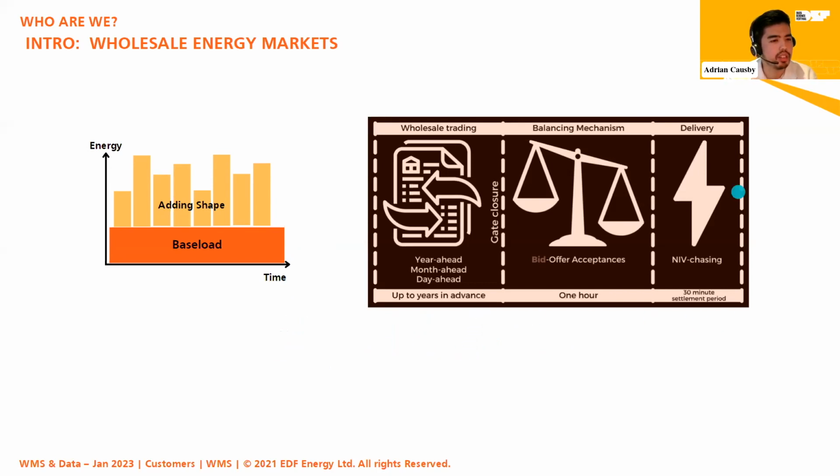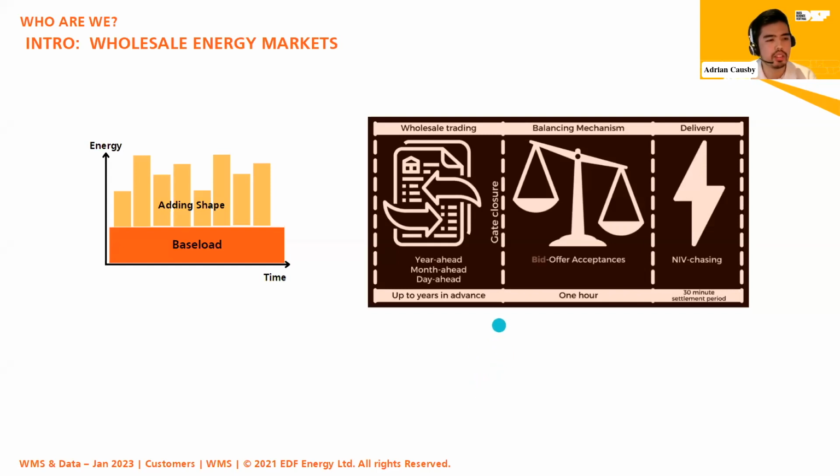And this depiction here on the right shows the time scale at which those happen. In the beginning, up until 1 hour before the actual delivery, we have a wholesale trading period where we trade on the wholesale market. Everything's a lot cheaper. We can trade months and years in advance.